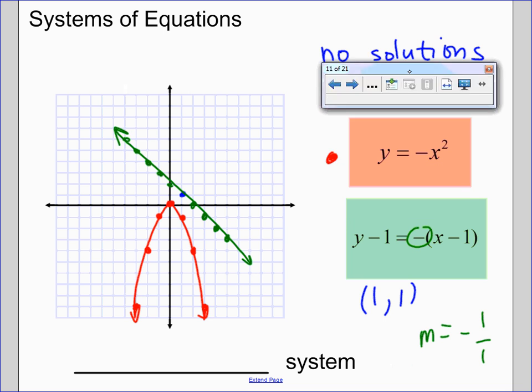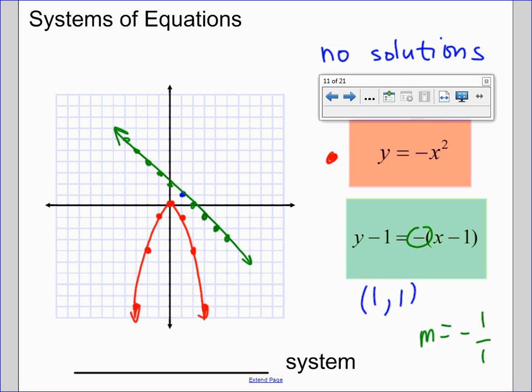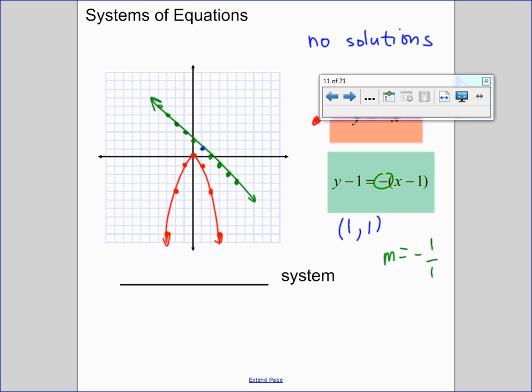Versus our second system, where there were no points of intersection, no real solutions, that's simply inconsistent. And again, that's just terminology, just a different way of saying that there's no real solution. So inconsistent just means no real solution. It can be used interchangeably.